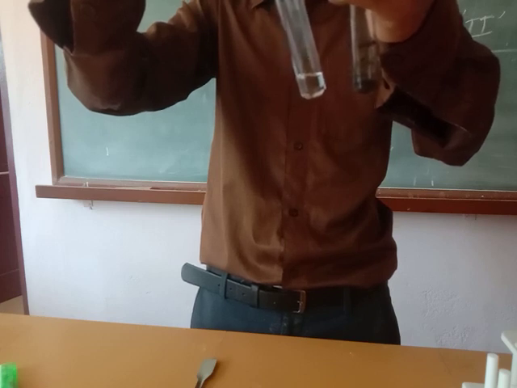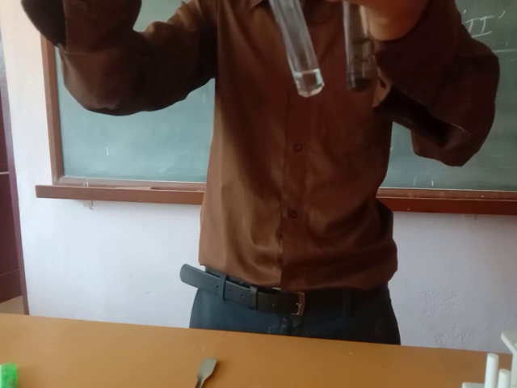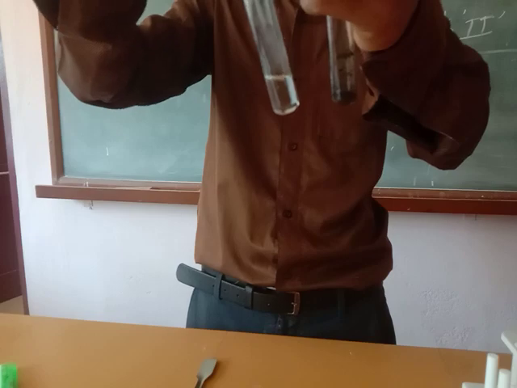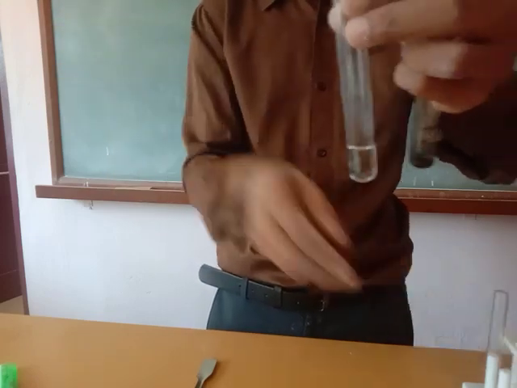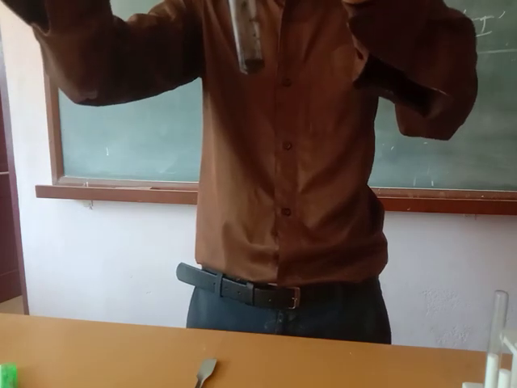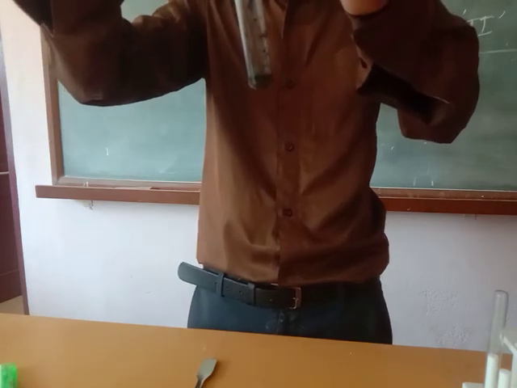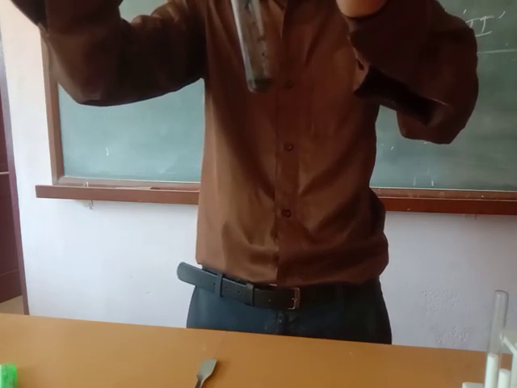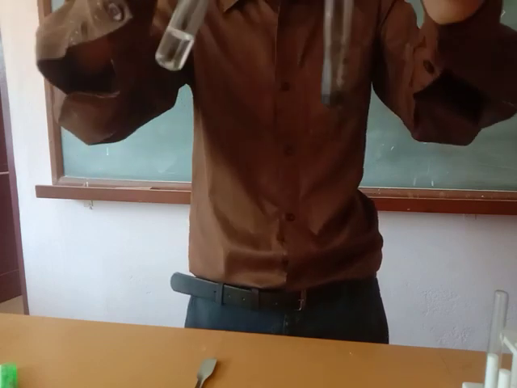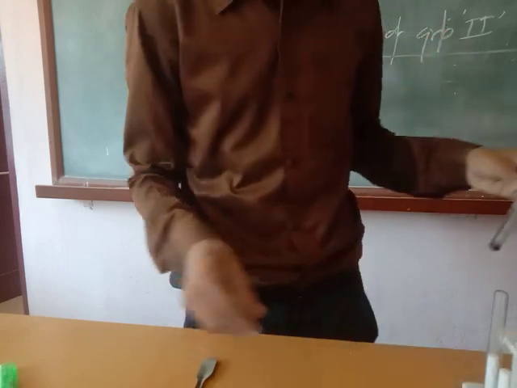You slowly add the same amount of water. Now it is 50% nitric acid. You put a minimum amount of 50% nitric acid, a little bit, this much is sufficient. Then you boil the sample.